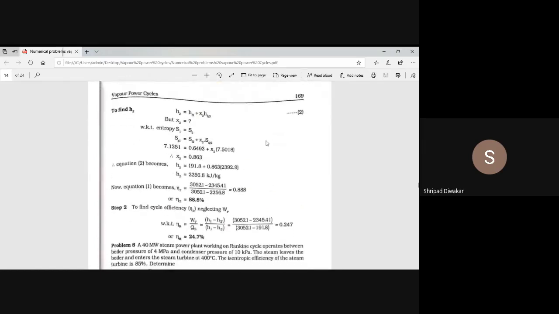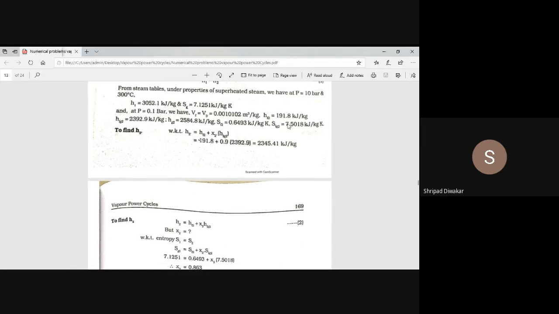H1 minus H3. So H1 is 3052.1 minus H2 dash, which we calculated as 2345.41, divided by H1, the same 3052.1, minus H3, which is 191.8. As I said, 191.8 is HF2, and H3 and HF2 are the same, so there is no need to calculate H3, directly take the value of HF2.